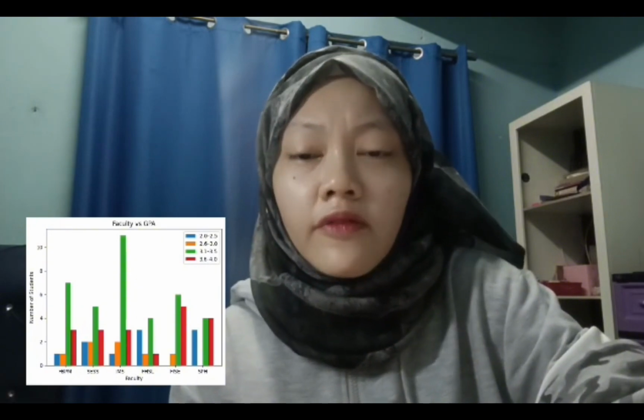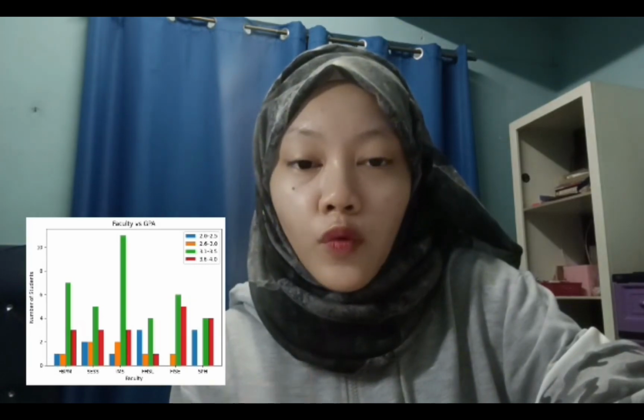This means that most students actually perform quite well in their studies. The graph shows that the majority of students from different faculties achieve GPA between 3.1 and 3.5, which indicates a generally good academic performance among the students.